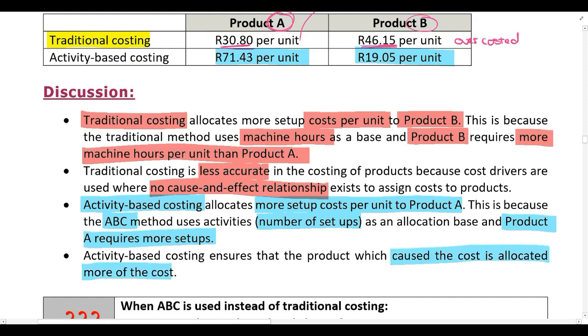So because product A is responsible for more of the cost, product A had more setups. So product A is responsible for more of the cost. It's allocated more of the cost. Product B had fewer setups, so they were allocated less of the cost. So obviously this results in a much more superior way of costing our products.